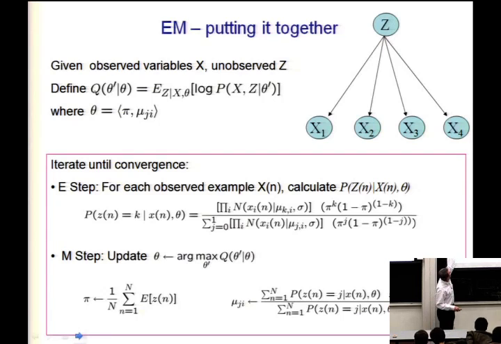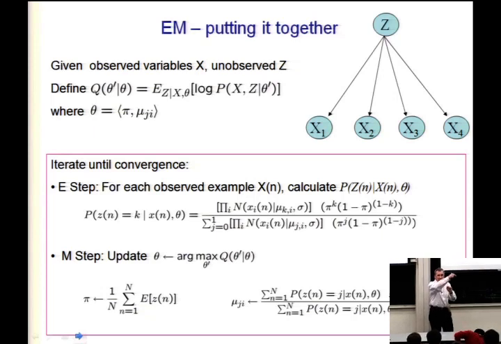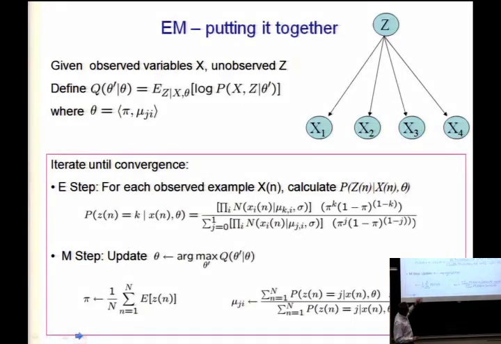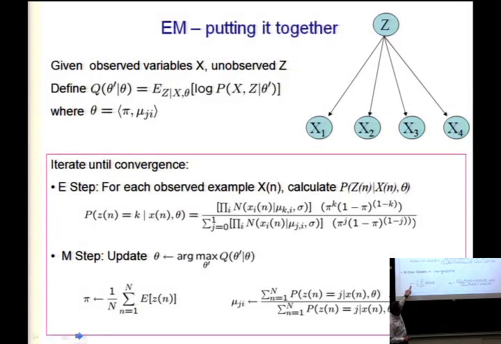In the E step, for all training examples, you estimate the probabilities of the nth point belonging to one cluster or another. Then on the M step, you update the probability of z taking on value 1 versus 0, and the mu's for each of those Gaussians. Just repeat that.